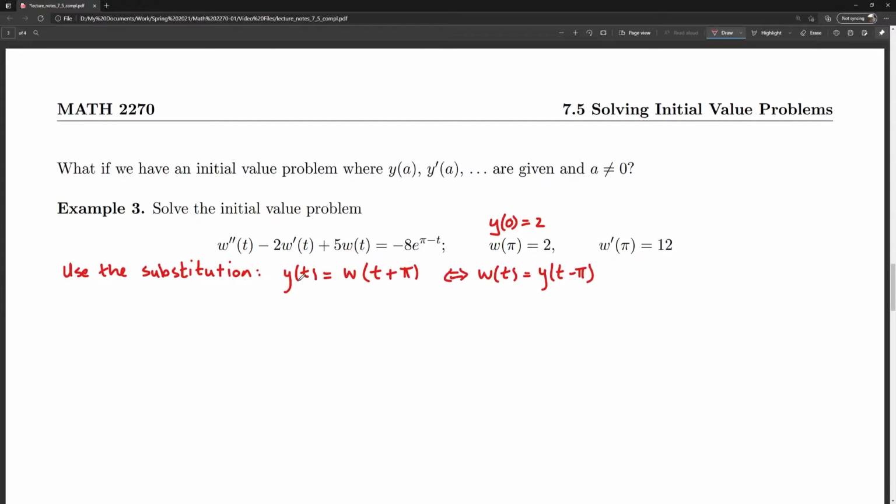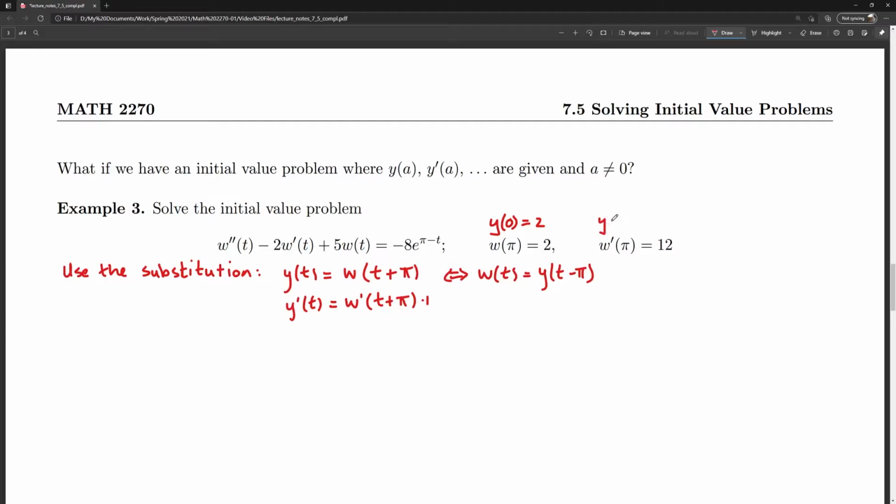And so you will be replacing this right here with y of 0 equals 2. And if you take the derivative of y, so y prime of t is then w prime of t plus pi. And by the chain rule, we have to multiply this by the derivative of t plus pi, which is just 1. So we see that y prime at 0 is w prime at pi.